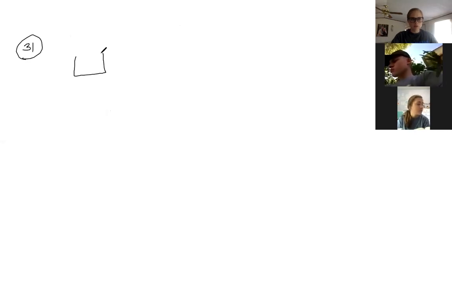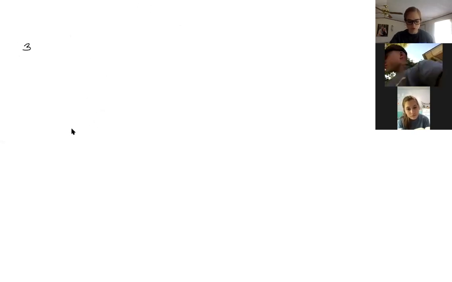Here I've got a cube. Oh my goodness. You draw a cube on your own. Here we go. Find the ratio between the volumes.